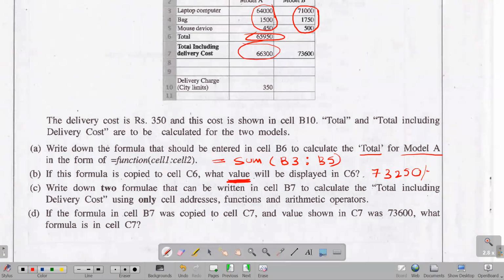So B7 to calculate the total including delivery cost using only cell addresses, function, and arithmetic operations. All right, so you can write it simply what?